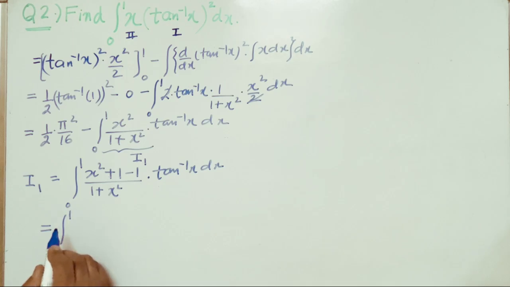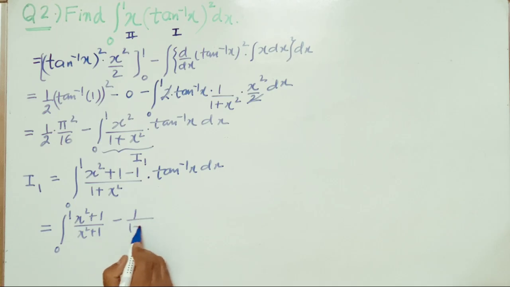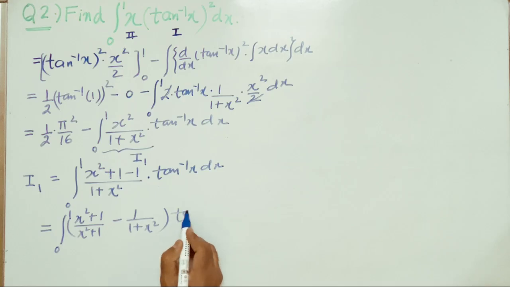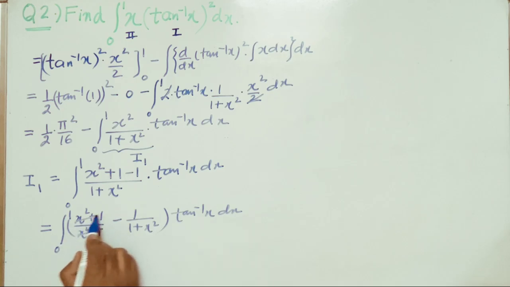One is 0 to 1 of (x square plus 1) over (x square plus 1), minus 1 over 1 plus x square, and outside we have tan inverse x. This will get cancelled, so we're left with 1 only.